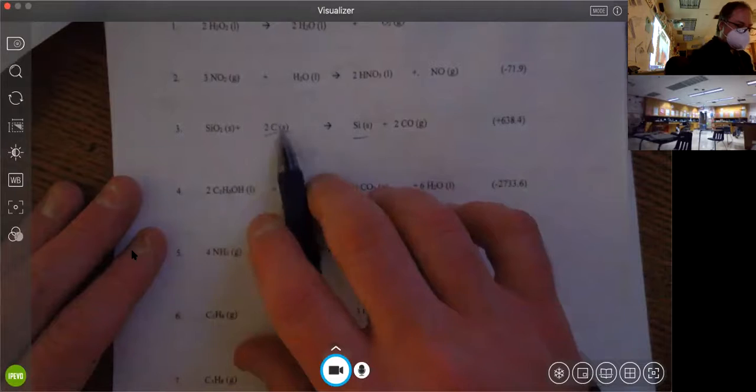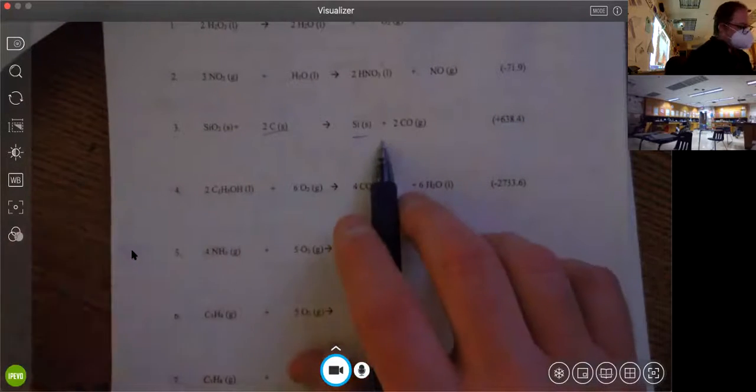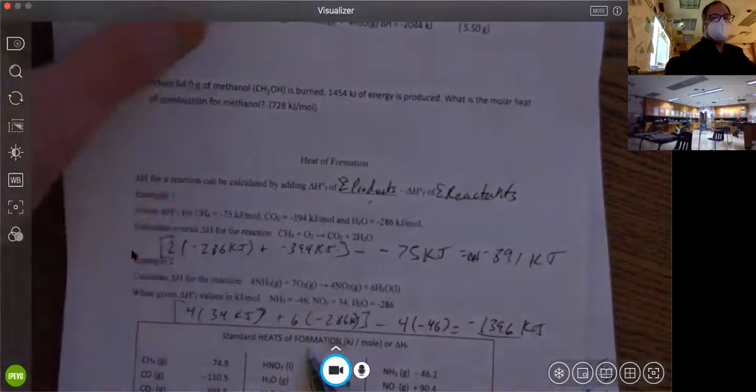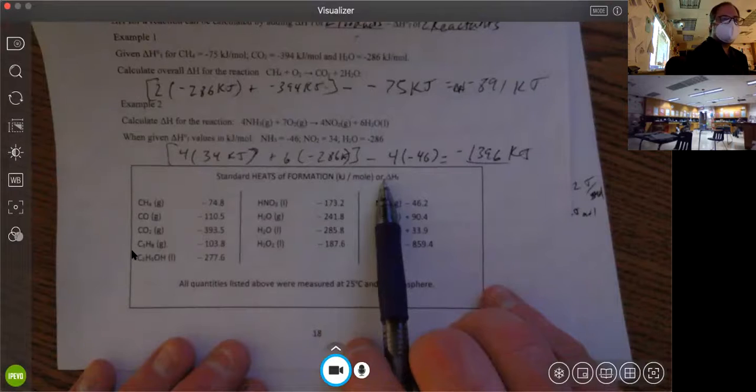Both of these are in their standard state of matter. If this specifically said that it was diamond, then we might need to look further into it. Remember that these heats of formation are standard molar enthalpies, so it is kilojoules per mole.